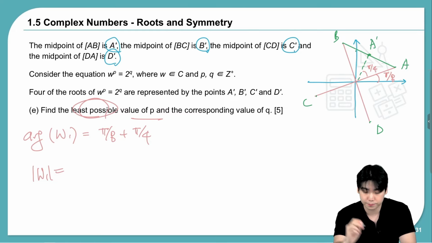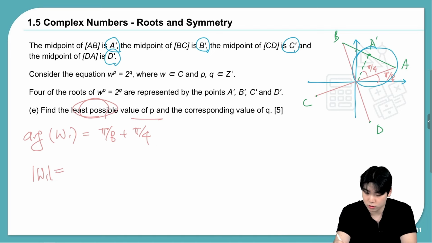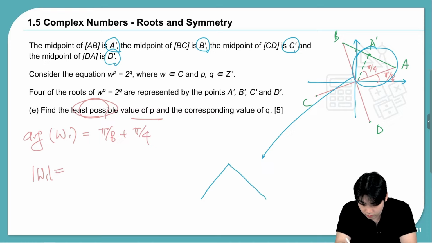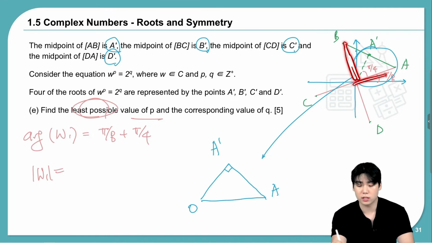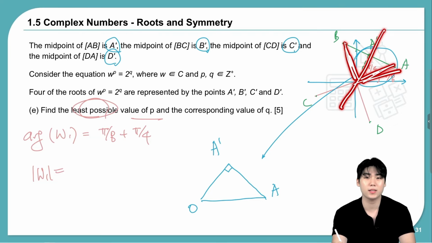It's that length. So, if I just zoom in to this triangle, I'm just going to redraw this triangle, where this is O, the origin, A prime, and A. That's going to be 90 degrees because this is an isosceles triangle, and the midpoint means this is a perpendicular bisector, and that is 90 degrees.